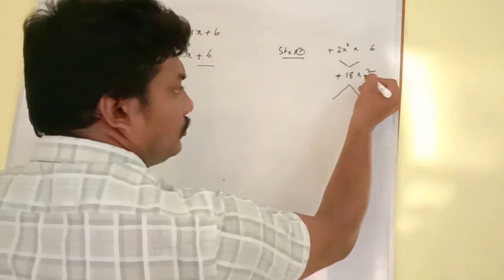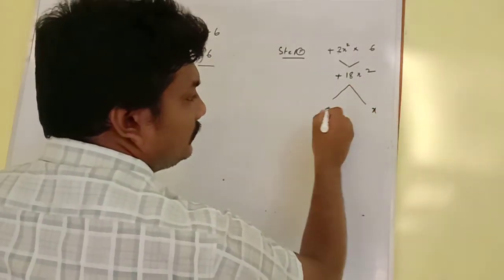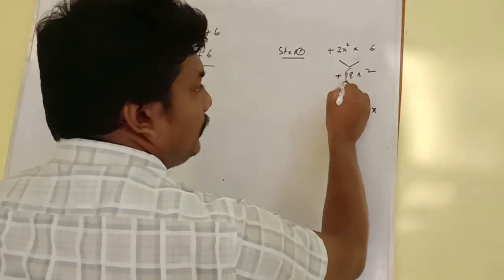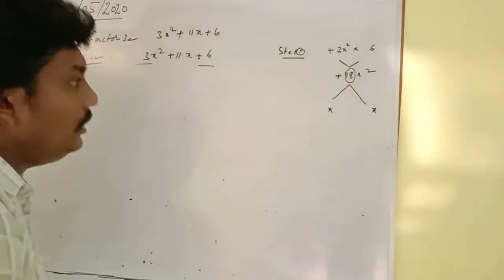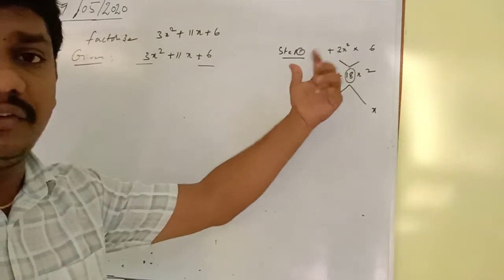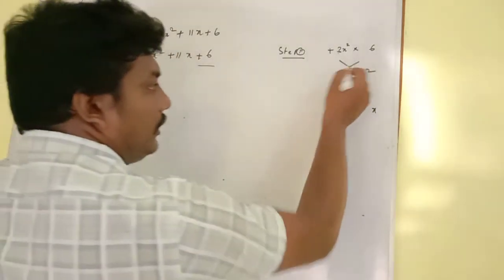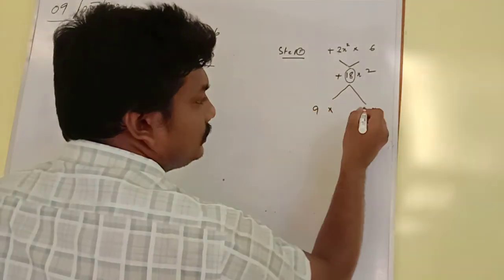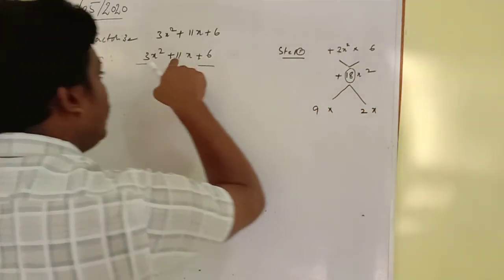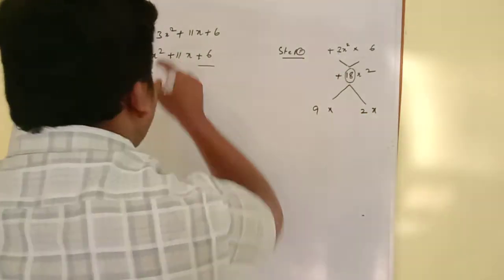Then first we take the product. x square can be split as x into x. Now if you split 18, the sum or difference of the factors must be 11. 18 can be written as 9 twos are 18, and 9 plus 2 becomes 11.